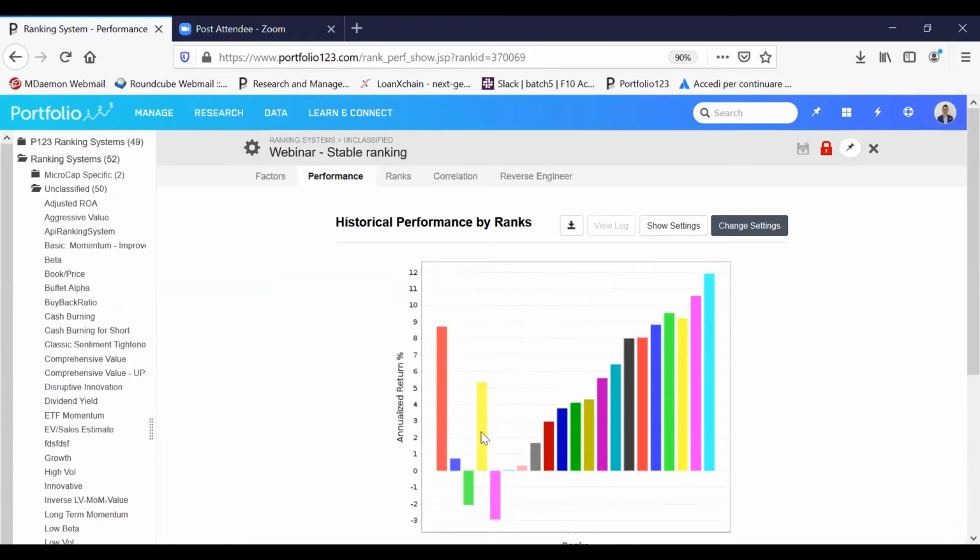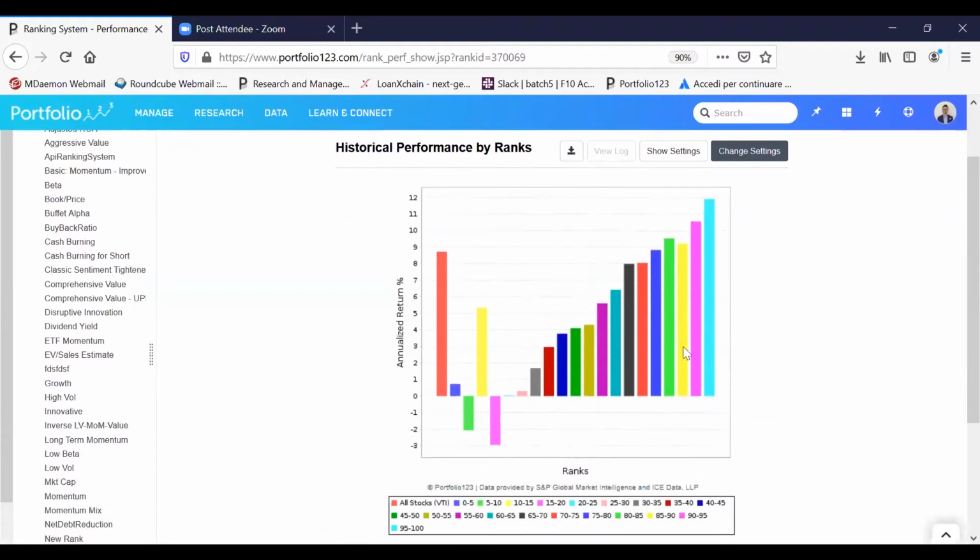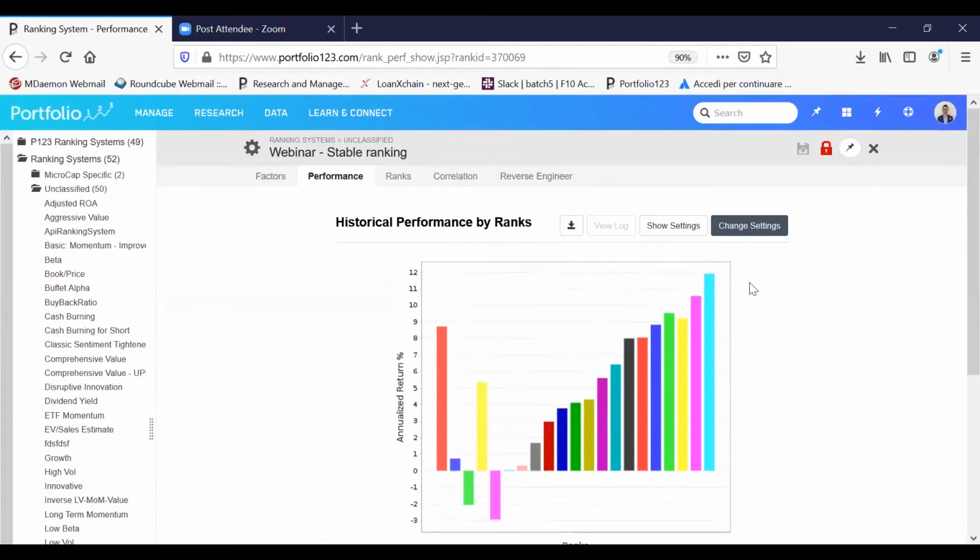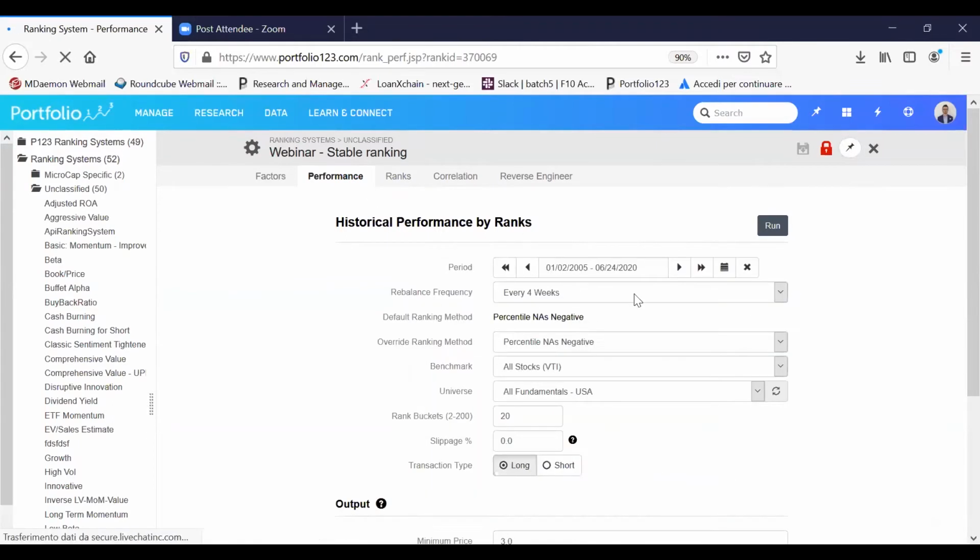But then here, since we are using all the available stocks in the universe, apart from a small filter of $3 or less stocks that is by default in the performance tab, we can say that this strategy, which is a pretty wide range multi-factor strategy, is performing pretty well.